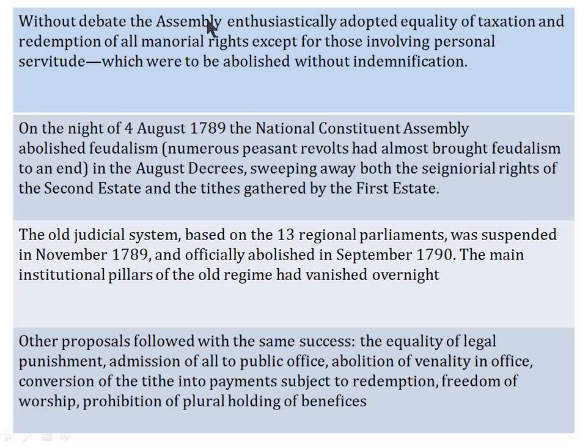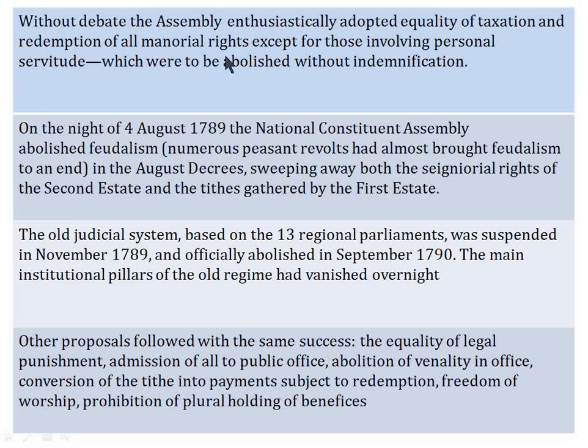Without debate, the assembly. Okay, without debate, there was an assembly, which enthusiasm, I know the meaning of enthusiastically, but let's just suppose I don't. Assembly adopted equality of taxation and something of all something rights, except for those involving personal something, which were to be do something without something.